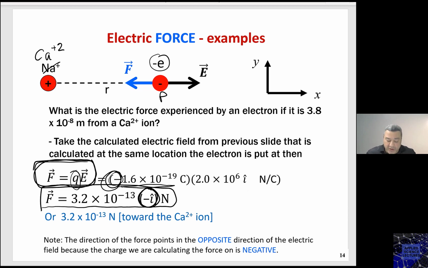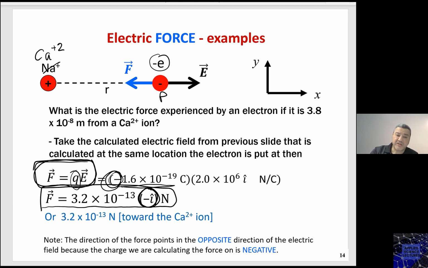Okay, so what we can understand from this example, two things. The first thing is the induced electric field at any point, if the charge that is inducing this electric field is positive, will be pointing away. If I put a charge in this location that I calculated the electric field, and this charge was positive, then the force would be in the same direction of the electric field.